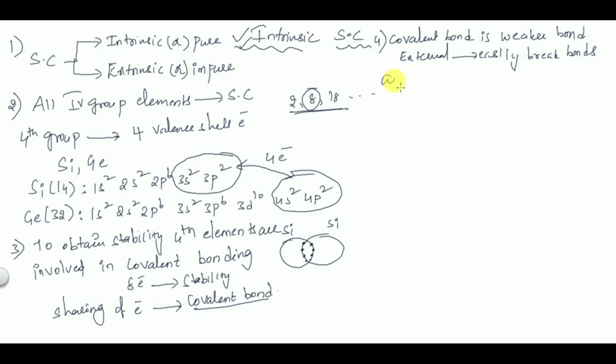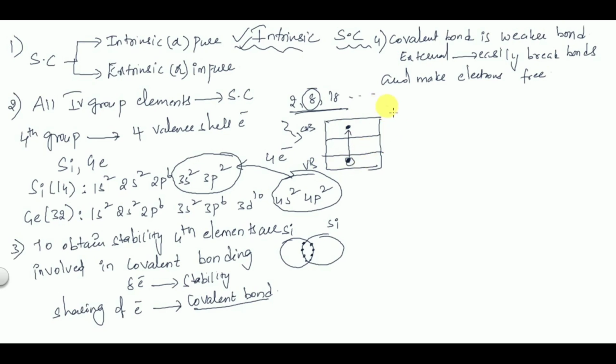If this is your energy band diagram, this is the conduction band and this is the valence band. When you apply some external energy on this semiconductor, an electron jumps from the valence band to the conduction band, leaving a hole here.